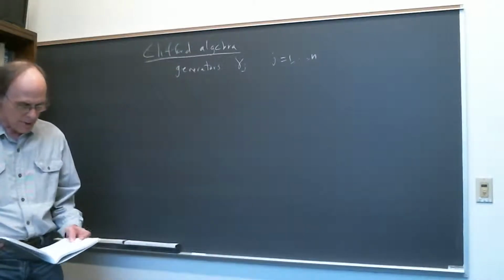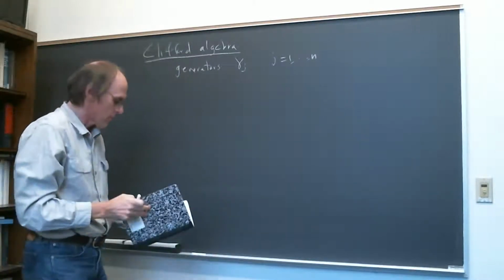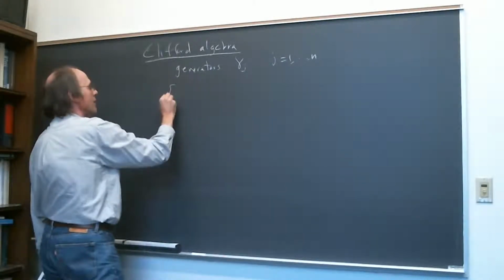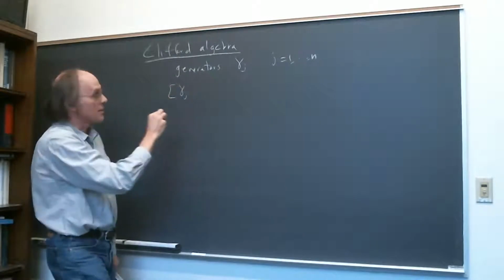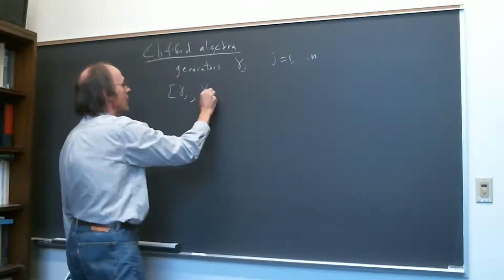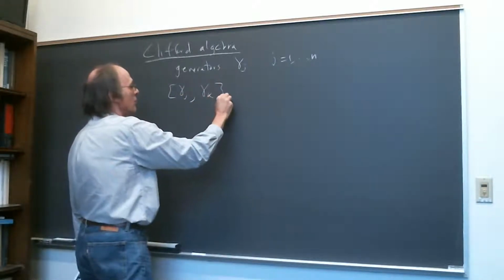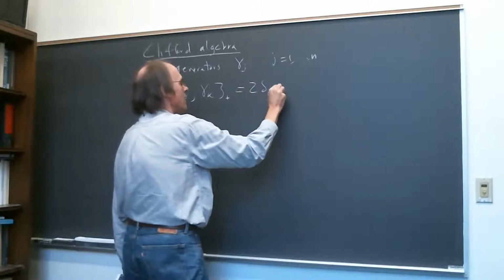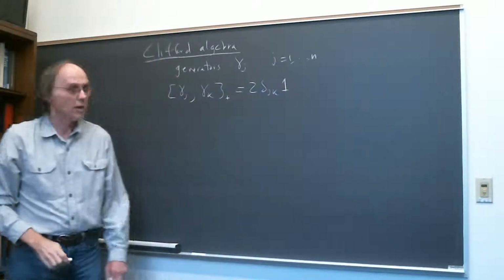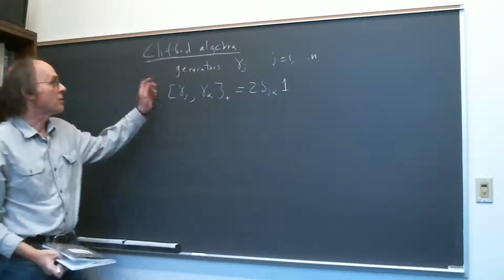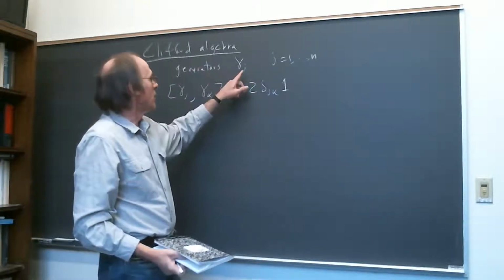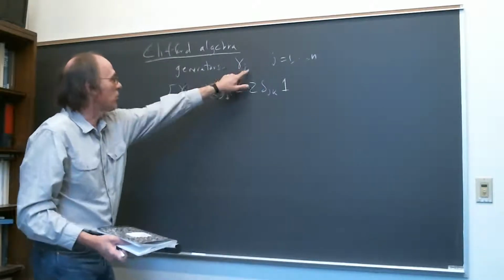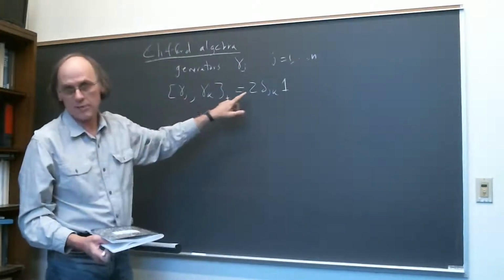There are n of them, and they satisfy the relations that the anti-commutator of gamma j and gamma k is twice delta jk, times 1. So you've got an algebra with n of these generators and 1, and you can start multiplying these things together, but they satisfy these relations.